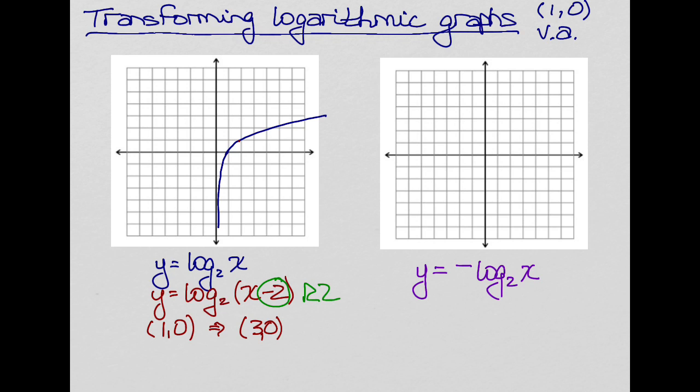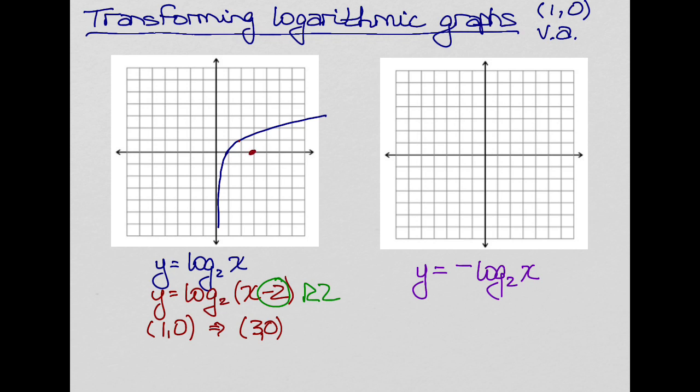And if you want to do that ahead of time and then notice where it's going to end up and then graph it, that's fine. And if you want to go, okay, here's the point (1, 0), I'm going to move it 2 to the right, there it is. What's that point? It's (3, 0). It doesn't matter which order you think of it in. Either way, it's going to end up right there.